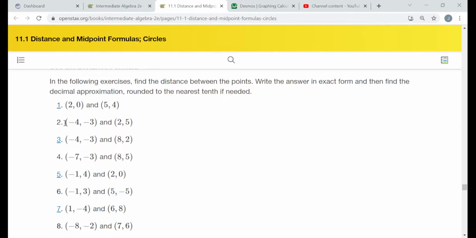I will also have timestamps for each exercise, each example, in the description of the video below. Example 1's timestamp will be for number 2, example 2 for number 4, example 3 for number 6, and so on.